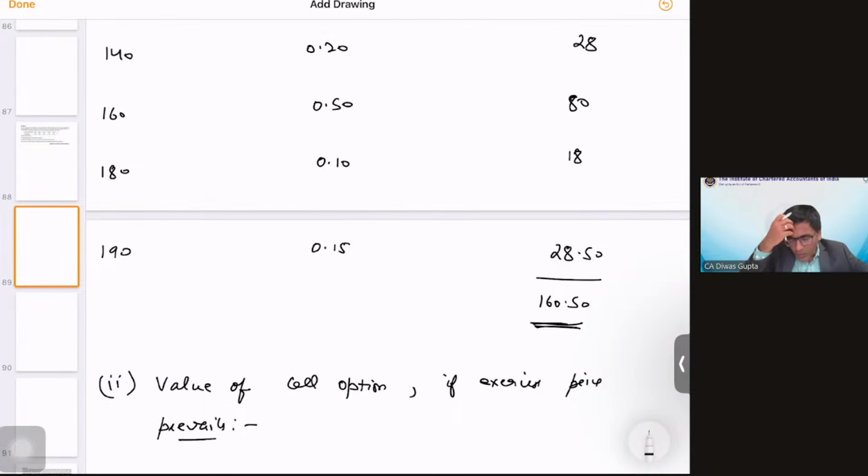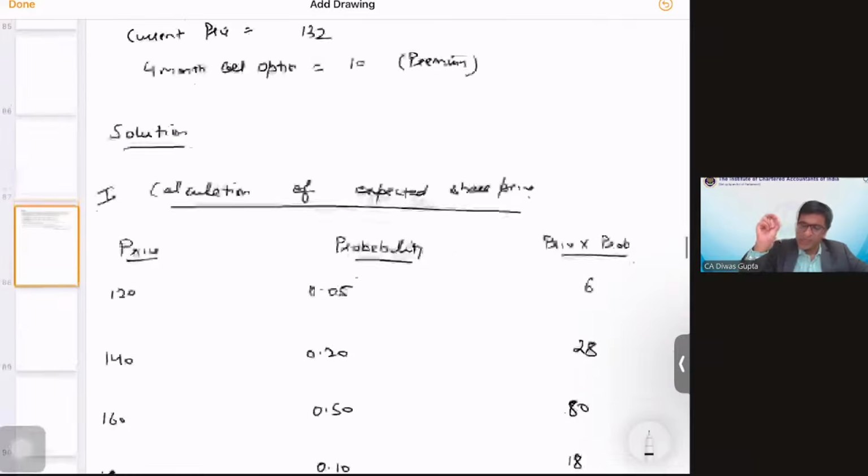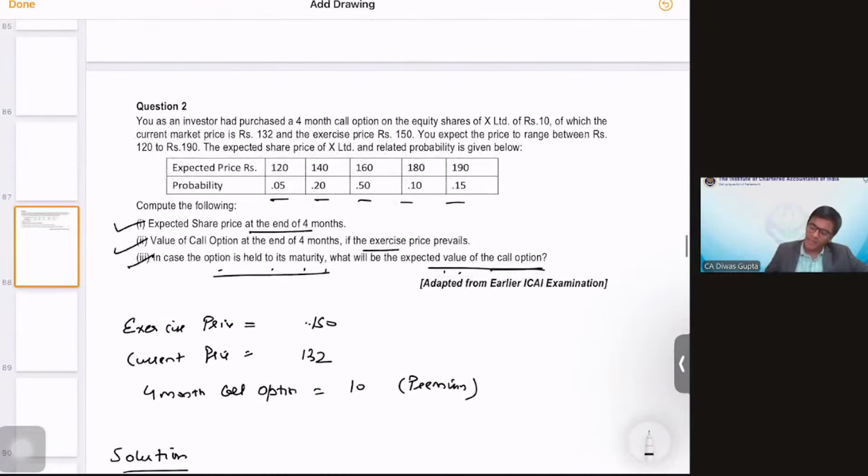Yeah, because in the second part, it says that if the exercise price prevails. So that means it is trying to say what if your actual price itself becomes your exercise price? Right. Correct. Got it.